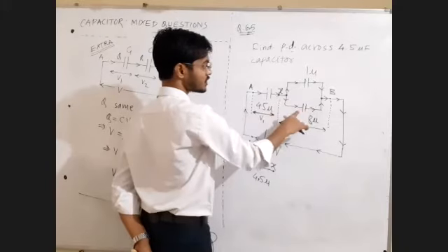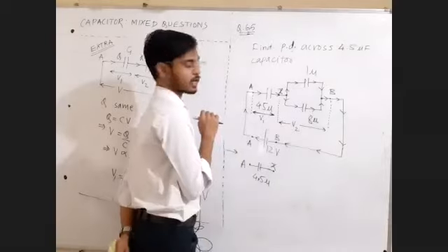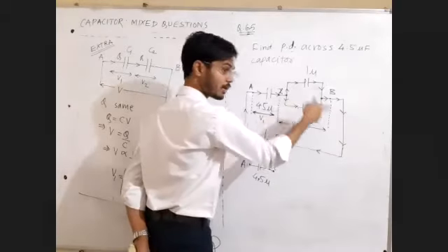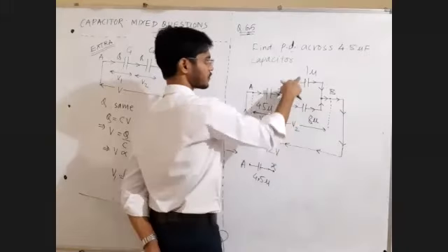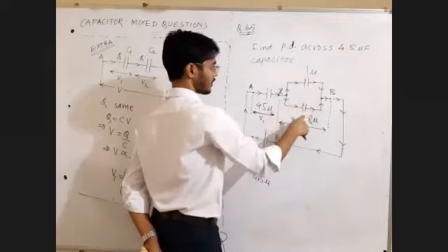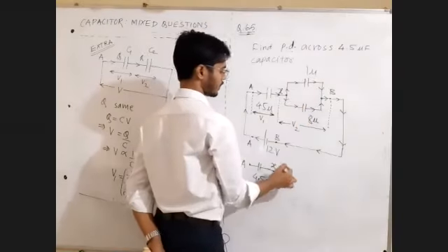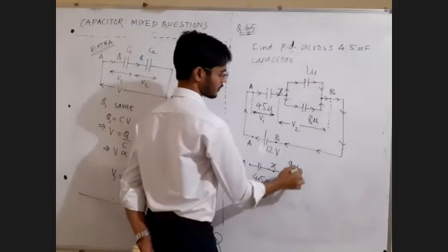R1 R2 series means R1 plus R2. C1 C2 parallel means C1 plus C2. Parallel, rule of addition. Okay, capacitors in parallel, resistance in series. Series means addition. 8 micro plus 1 micro, 9 micro.